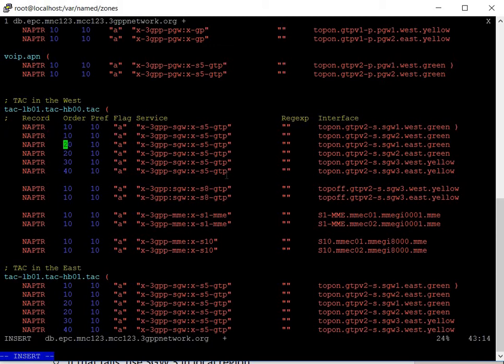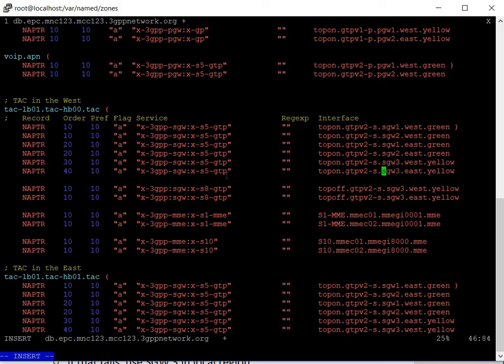Next, notice my order statements: 10s, 20s, 30, 40. So prefer the first 2 statements, and again, this is tracking areas only in the West. Prefer the Western S gateways, which are green. Second order statement, prefer my East S gateways, which are green. Third is take the yellow S gateway in the West.